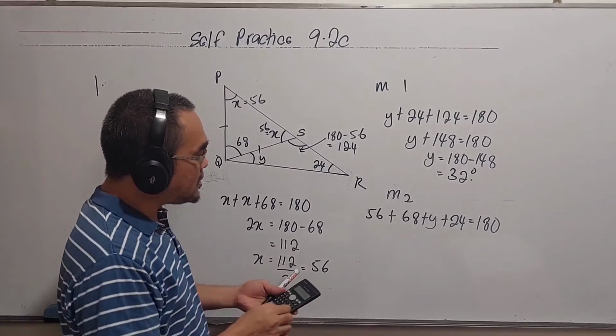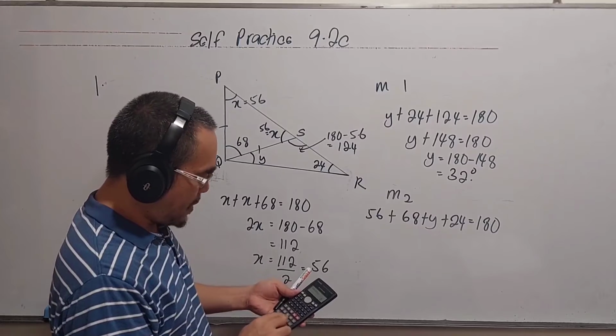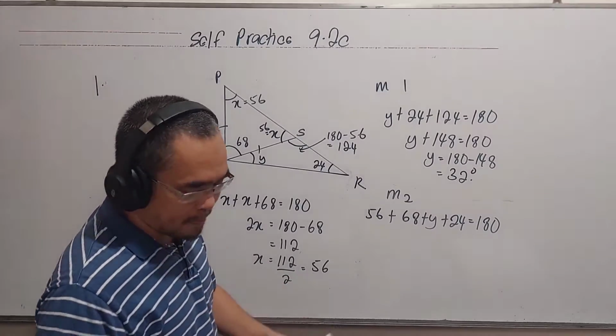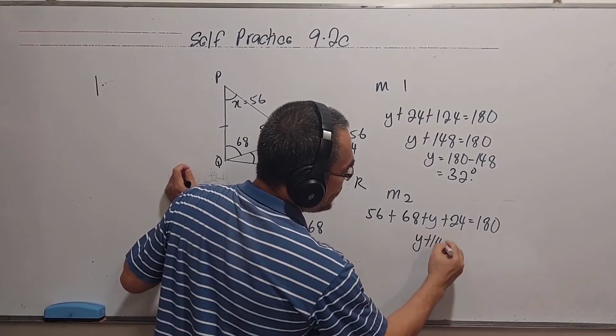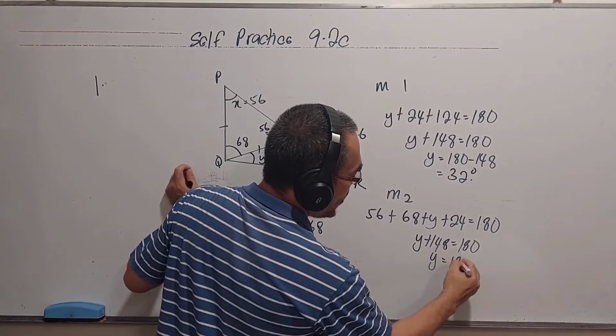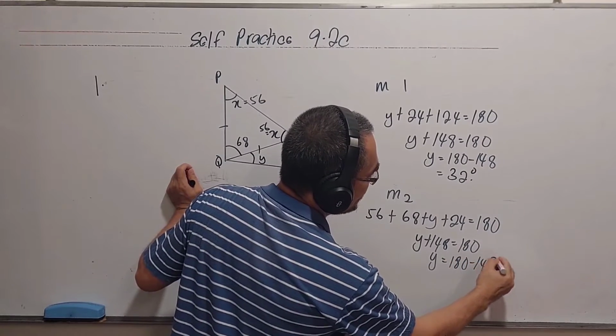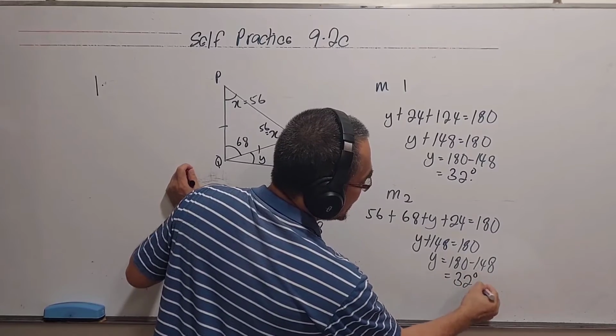The three angles, 56 plus 68 plus 24, will be 148. So y plus 148 equals 180. So the value of y will be 180 minus 148, which is also 32 degrees.